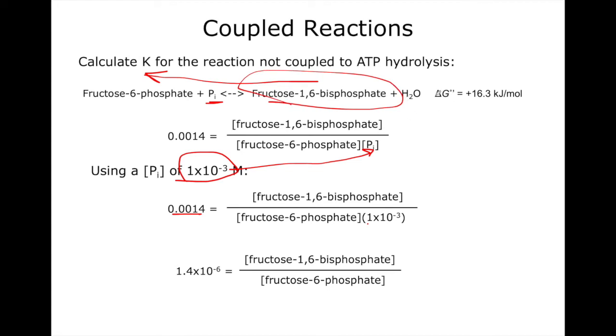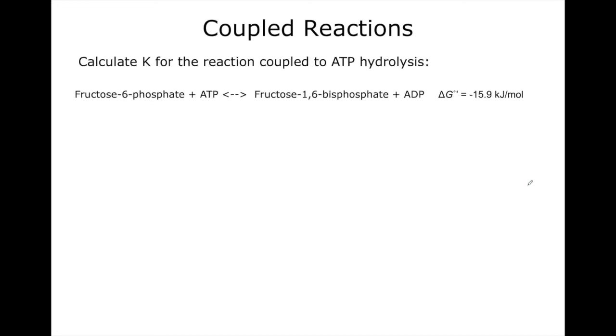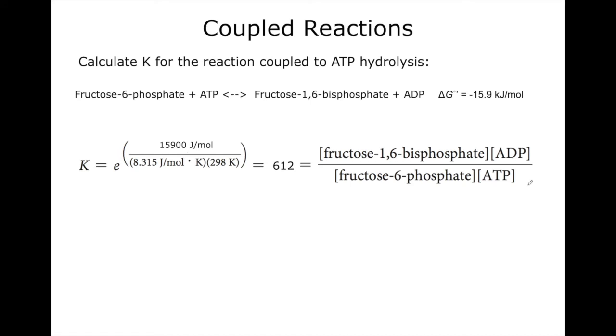under these conditions. So now let's look at the coupled reaction, the reaction that is coupled to ATP hydrolysis, and you should have calculated your equilibrium constant for this exergonic reaction. So plug in those values. We get about 612 as our ratio of products to reactants.